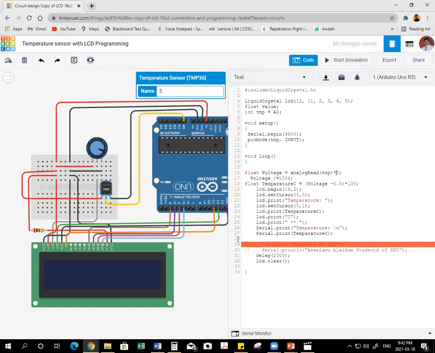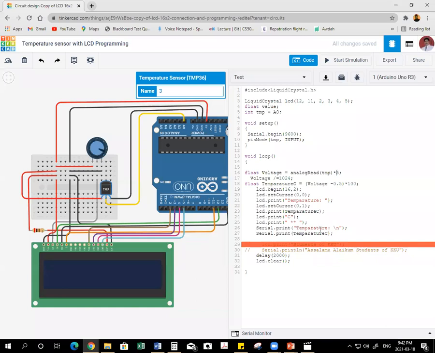Now LCD print C, because beside that value we are placing a unit. We have to place degree centigrade, but there is no such degree symbol printing facility in the coding, so we are placing capital C. Now I am placing some space and stars after this C. Why, I will come to in 1 minute.